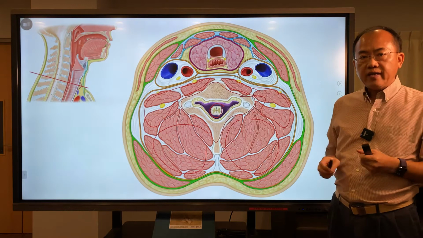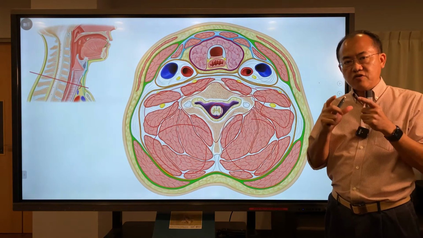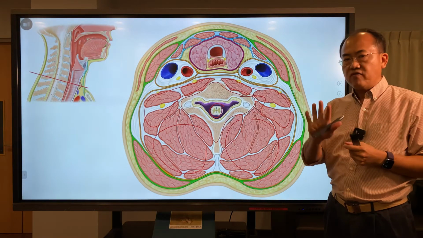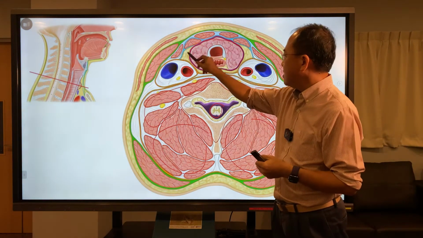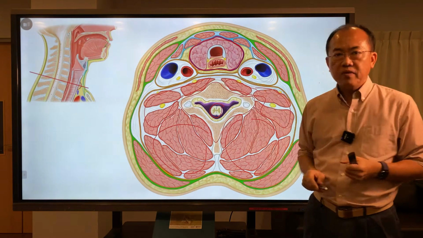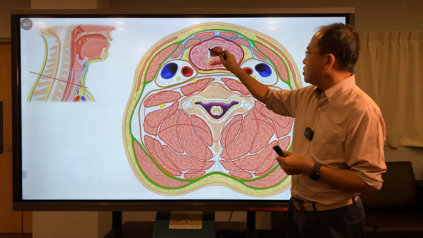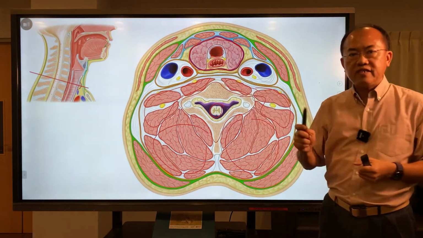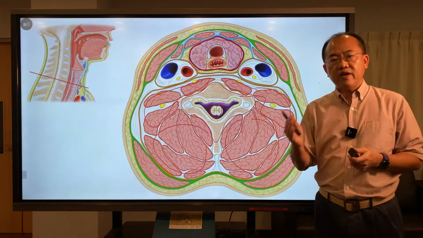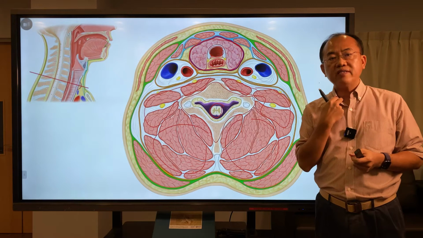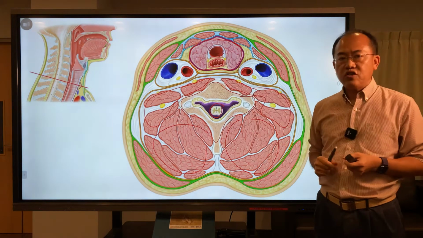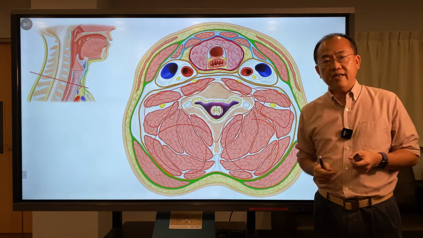In addition to that, the neck has a group of organs also, but of course it's not as many as in the thorax or abdomen. So these are the sets of organs found within the neck, right? There are two tubes, and these two tubes belong to two different functional systems. The one in front is for the respiratory system, the larynx and the trachea, and the tube behind is the pharynx and esophagus.